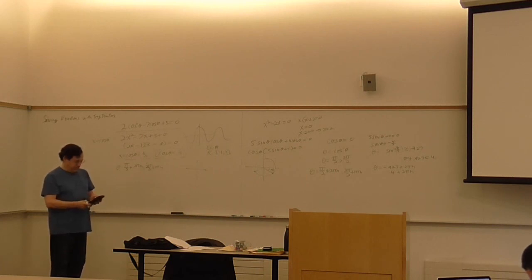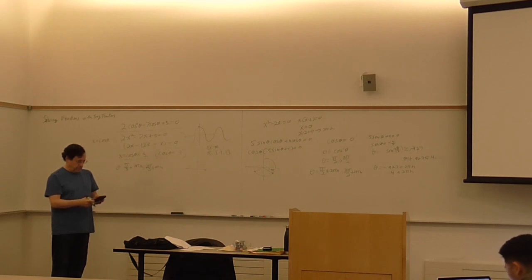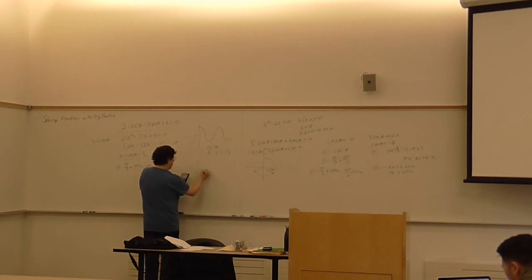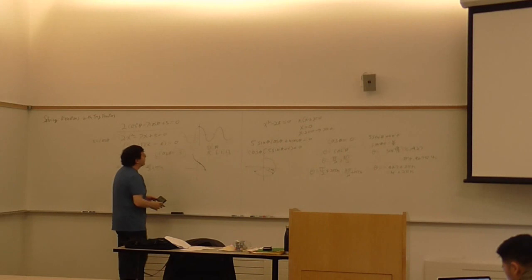Can't even get it out of graphic mode. It's in radian. Maybe it wants to be in degree mode. That sounds possible. No, we want to be in radian mode. Looks like this. All right.